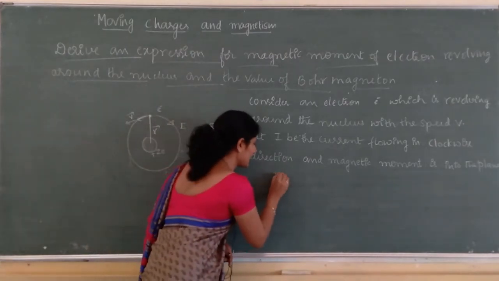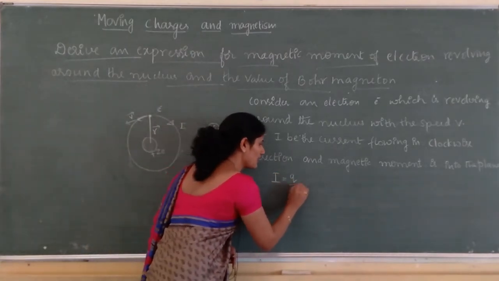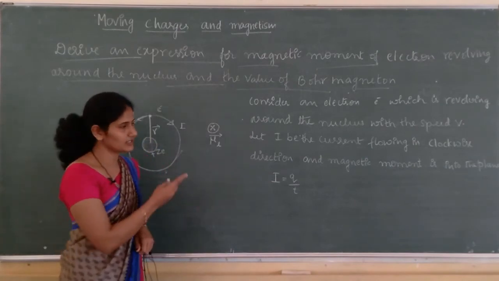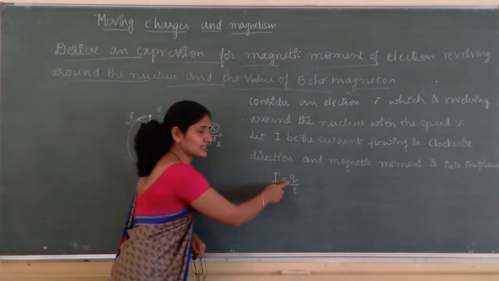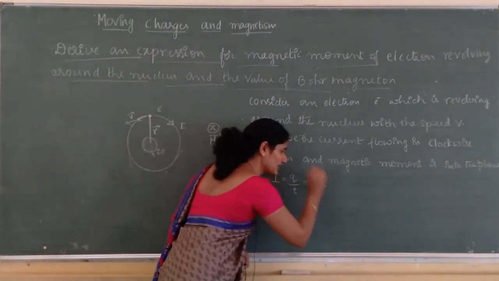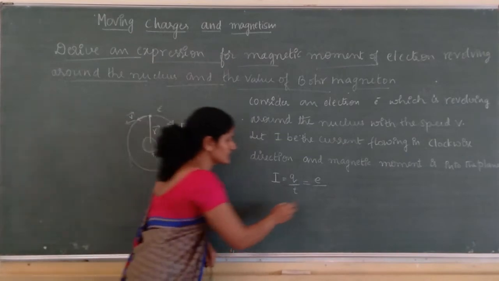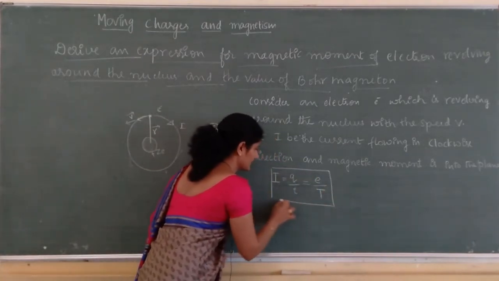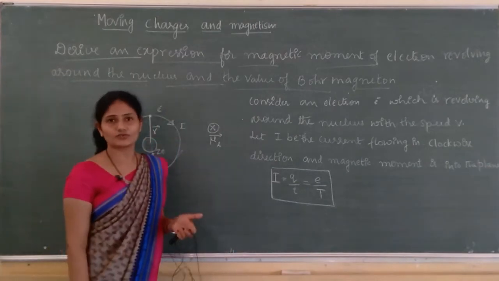We know that current I is equal to Q by T. Rate of flow of charge is nothing but current. Here Q is nothing but the charge of the electron. So, I is equal to e by T. e is nothing but the charge of an electron.